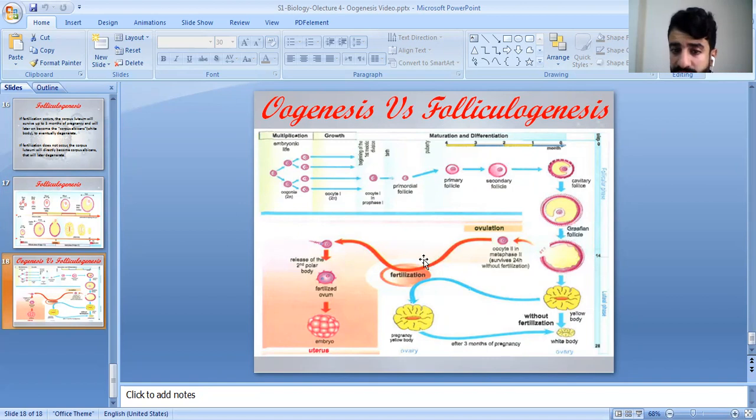If there is fertilization, we have the release of the second polar body, fertilized ovum, we have an embryo, uterus, and the yellow body will survive for 3 months to release the hormones estrogen and progesterone, while if there is no fertilization, the yellow body will become the white body immediately, and this white body will degenerate and die. This is an explanation of the whole cycle between oogenesis and follicular genesis.